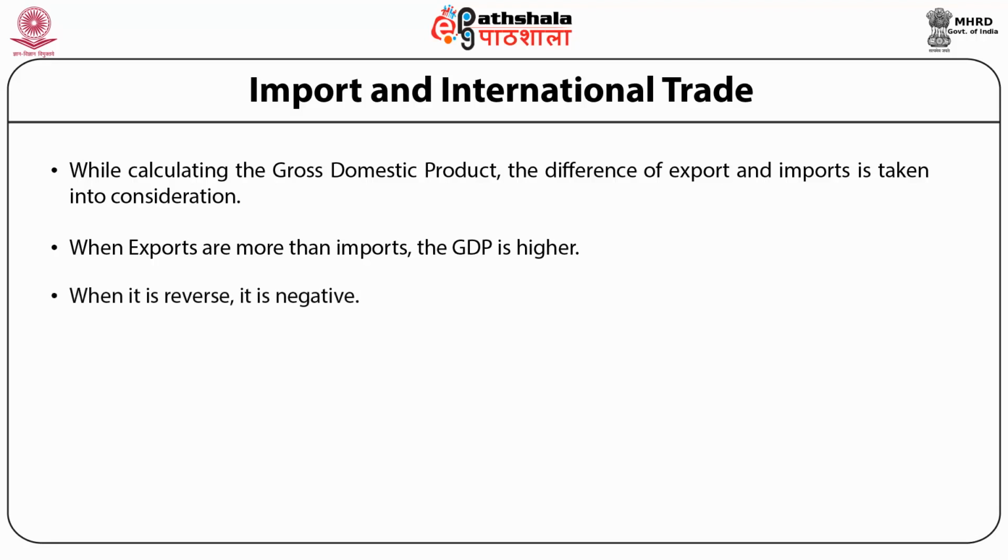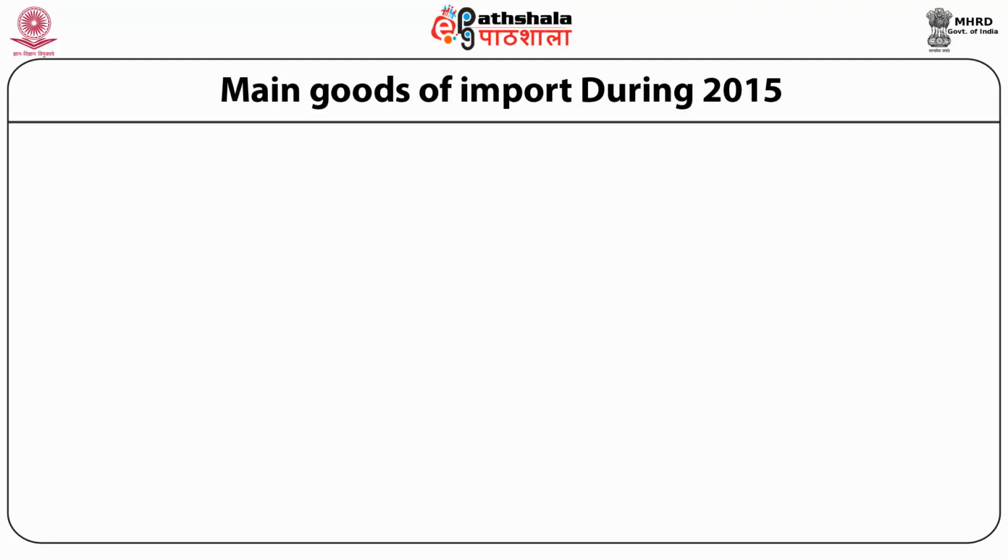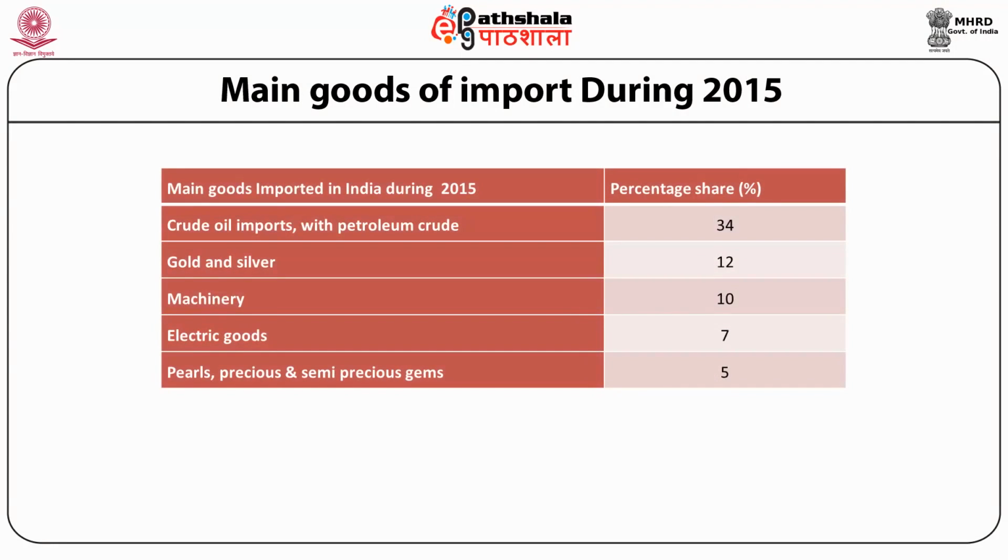And when it is on the reverse side, that is, the imports are higher than the exports, it is negative. Every nation wants exports to be higher than the imports to have higher gross domestic product. The main goods of import during 2015 are shown in the figure below. These were 34% of the total share was crude oil imports with petroleum crude.